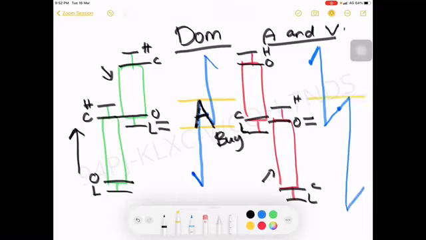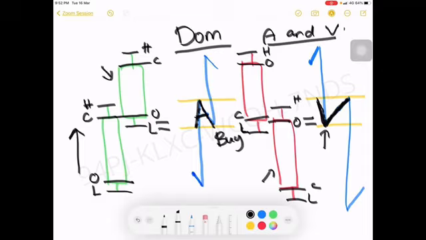This is where we are going to find the V. Do you see the V? Yes, I see.